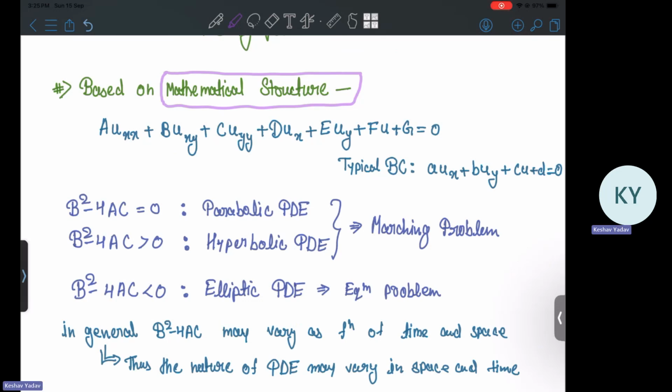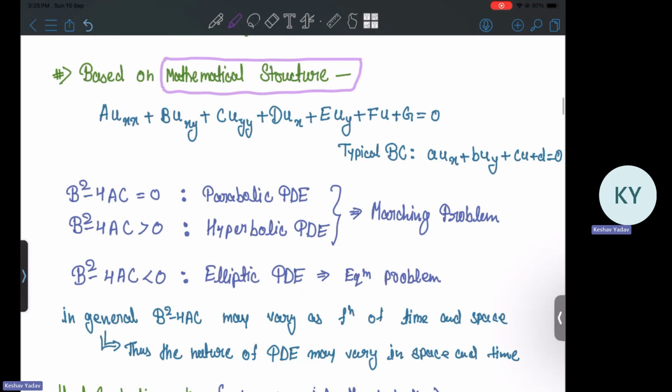Similarly to the physical classification, we can classify PDEs based on their mathematical structure. Suppose we have a PDE A uxx plus B uxy plus C uyy plus D ux plus E uy plus F u plus G equal to 0, with some boundary conditions.